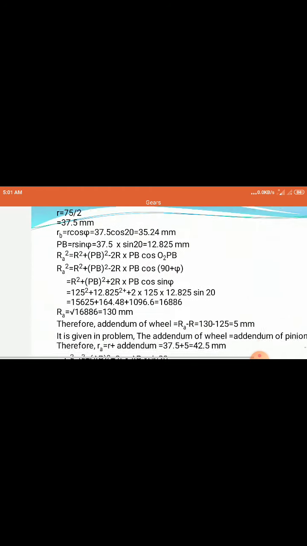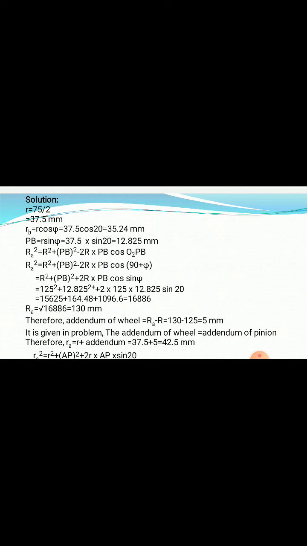With this equation, now put in the values that are known to you.